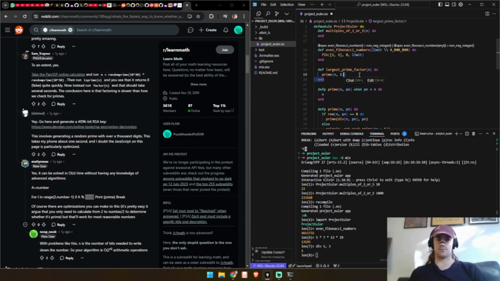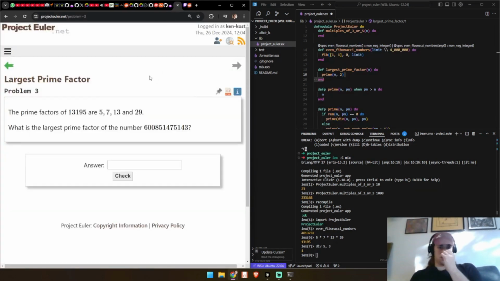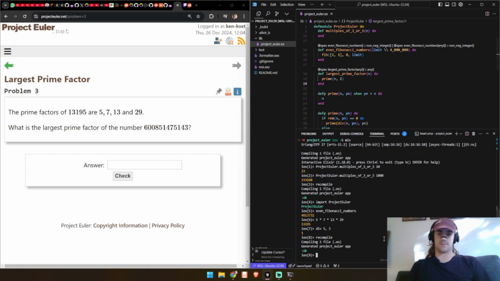Okay, so let's get back to the problem. If we use the example, we should get 29 here, right? Let's run. Even Fibonacci numbers. I mean, my bad. Largest prime factor. Alright.